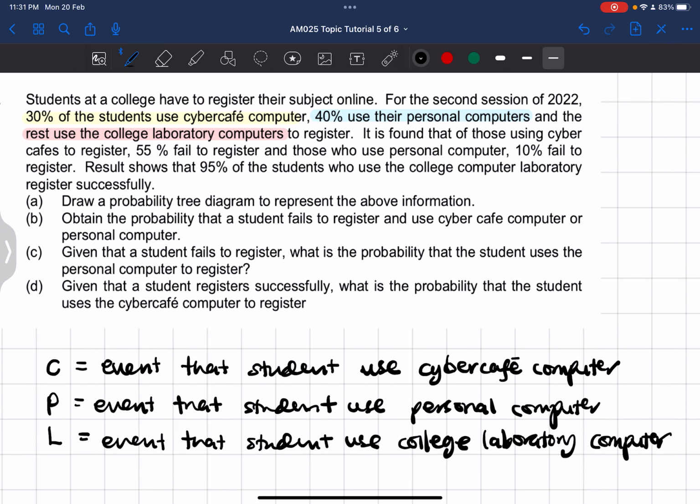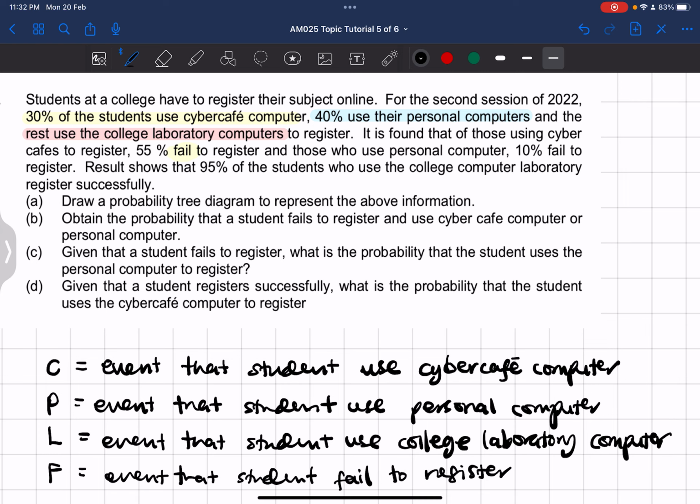And the final event is, it is found that those using cybercafe to register, 55% fail to register, 10% fail to register. So we have another, the final event, which we denote with F, the event that a student fails to register.